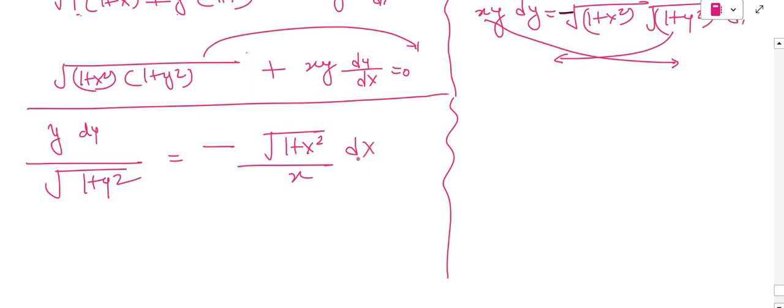That's what I am getting. See, this x went down here and this one here. Now I am ready to integrate both sides. All x terms are on the right side and y terms on the left, so we are pretty much ready to integrate.